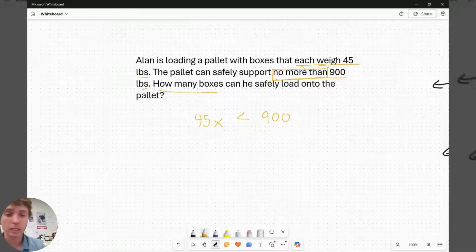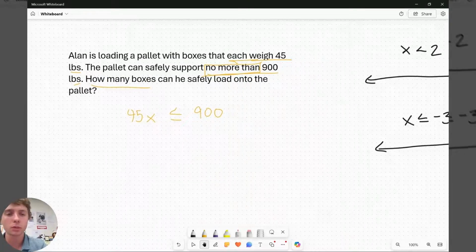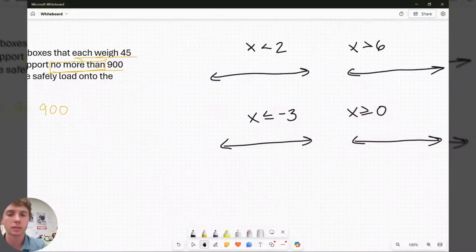Well, it can be less than 900 or it can be 900 itself. That means we need the little equal to part under this inequality. So by reading through these, it's still the same idea of creating some sort of equation or inequality. But now the main thing is you have to pay attention to the wording to know what symbol to put in between both sides.